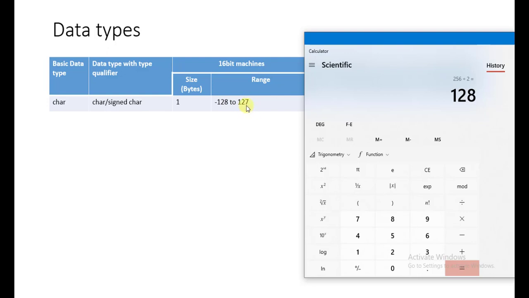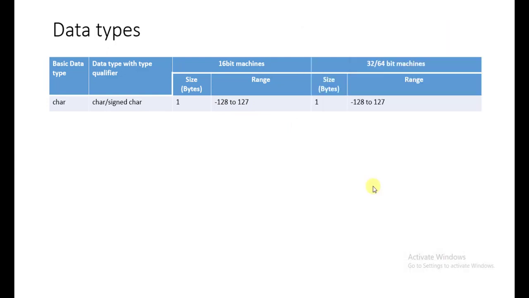That is why the maximum is one less, 127 instead of 128. So for 1 byte data, if it is a signed type, the range will be -128 to 127. And in 32 and 64-bit machines also, character size will be 1 byte.